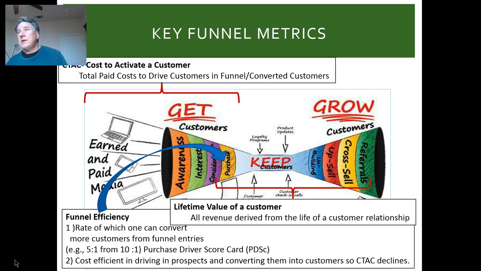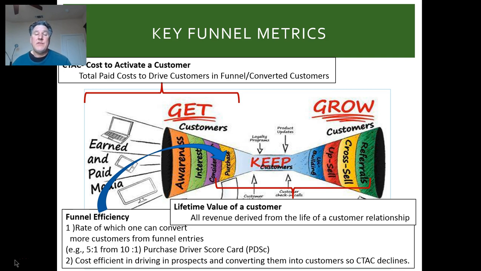And then the second key metric that you look at when you're looking at the effectiveness of your marketing activities is what we call funnel efficiency, which is the rate in which you can convert customers from funnel entries. And we use a term, and it's actually a tool that Dow Chemical came up with, and 3M had worked on as well, which is called the Purchase Driver Scorecard, where we are actually evaluating the number of individuals who start as prospects to where we are able to funnel them down and capture as many.